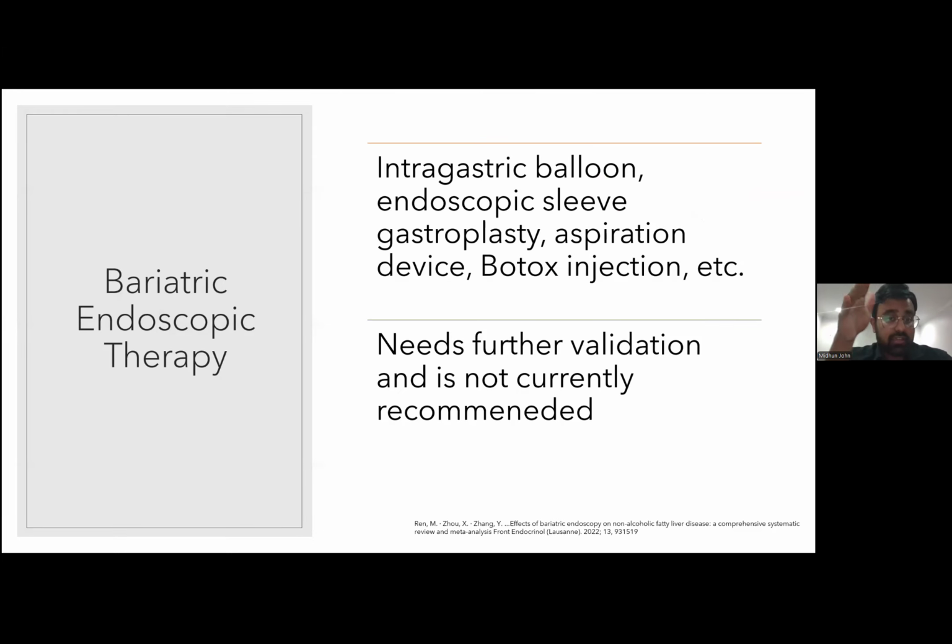Besides surgery, there are endoscopic therapies that were looked into, such as intragastric balloon, endoscopic sleeve gastroplasty, aspiration devices, Botox injections, and there's quite a long list. But currently there's a need for further validation of these procedures, and they are not really recommended as practice for our MASLD patients.